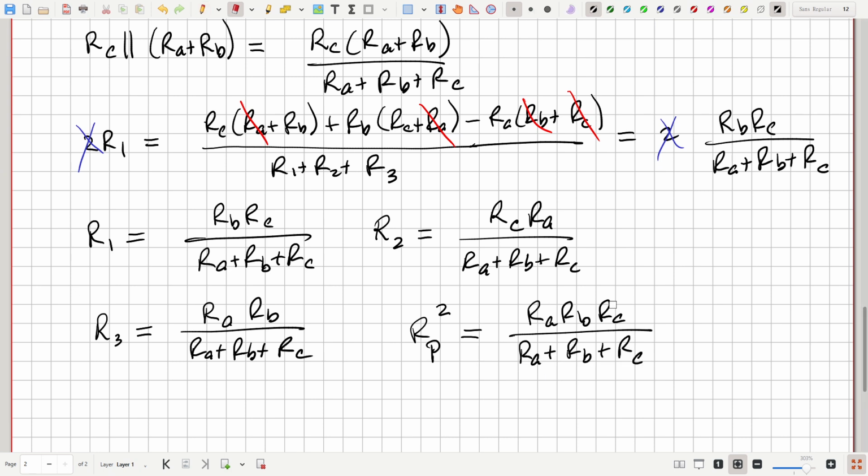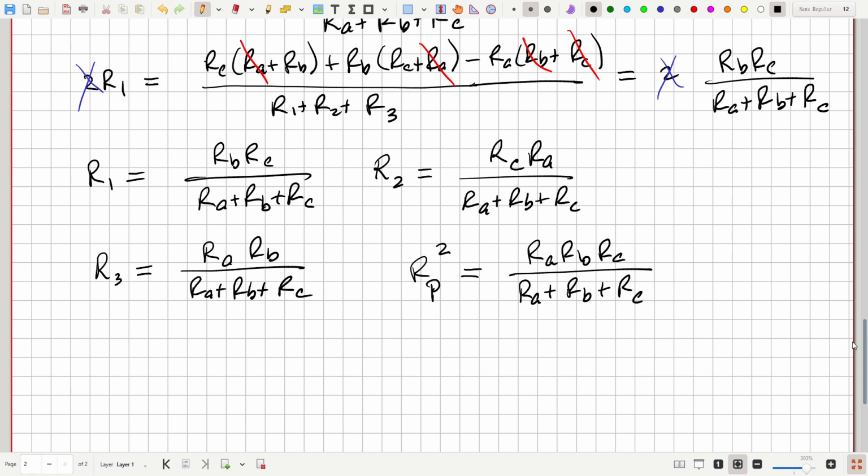And of course, the numerator is going to be ohms cubed, and the denominator is ohms, so this has units of ohms squared. It's a square of some resistance.